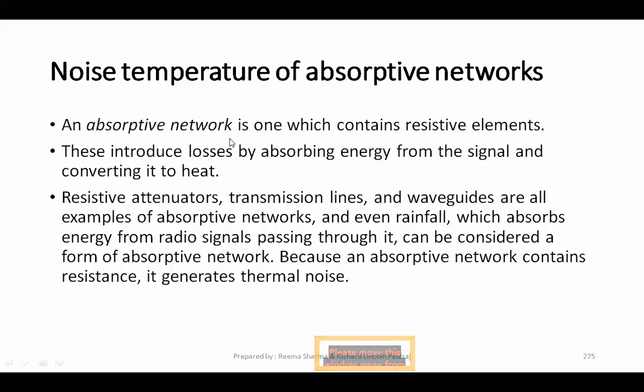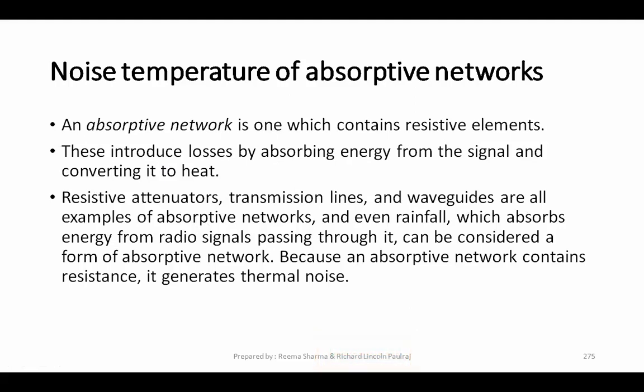An absorptive network is one which contains resistive elements, which means it acts like a resistor. These introduce losses by absorbing energy from the signal and converting it to heat. So this is nothing but your noise temperature, noise in the form of heat. Resistive attenuators, transmission lines, and waveguides are all examples of absorptive networks.